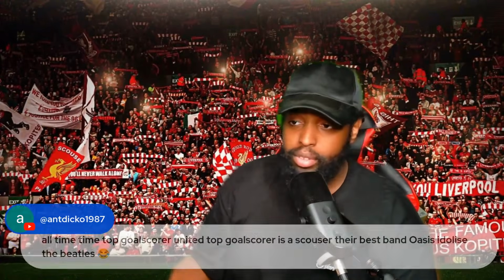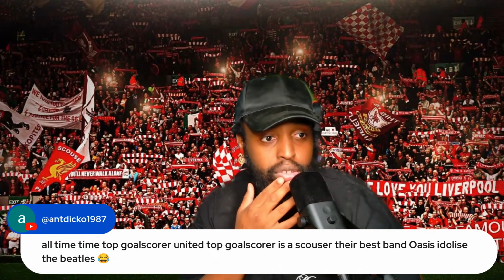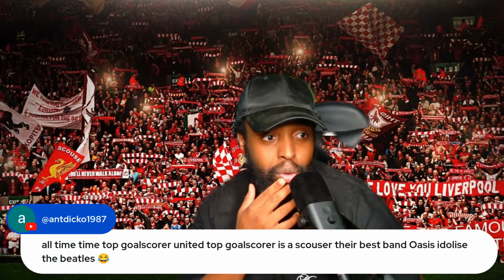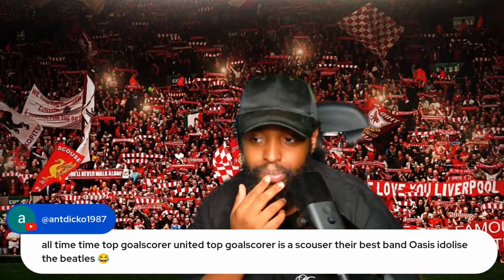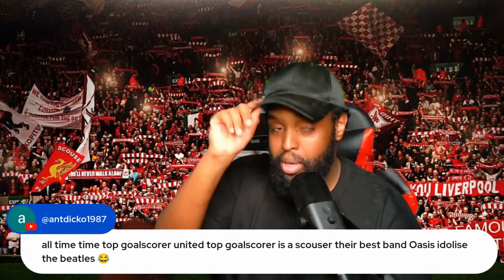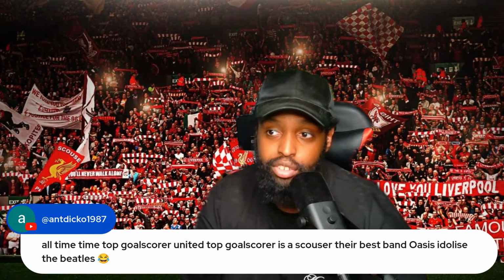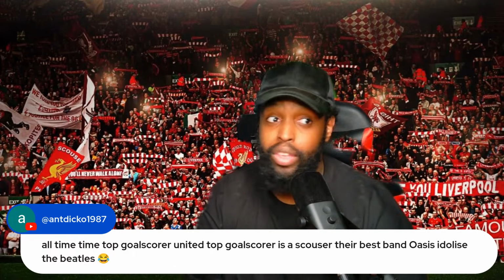Move the goalposts. Yes, that's exactly what they do. United's all-time top goal scorer is a Scouser. Their best band, Oasis, idolizes the Beatles. Actually, yeah, this is what I wanted to say. Me and Tik were talking about it yesterday. He said all these United fans say they hate Scousers, and I didn't even think of this, to be fair.